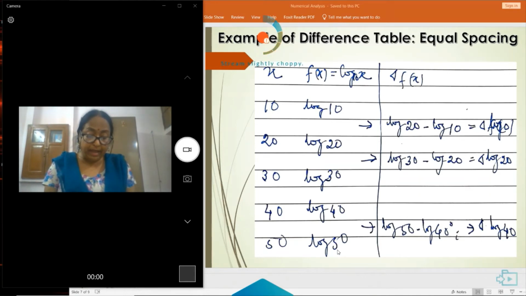Now, for delta f(x), we have to subtract log 20 minus log 10. And whatever value comes, we write it as delta of f(10). Similarly, if we subtract log 20 from log 30, whatever value comes, we will write it as delta of f(20), and so on.